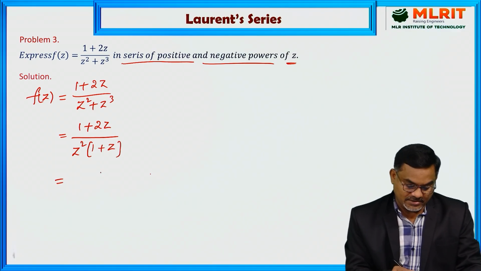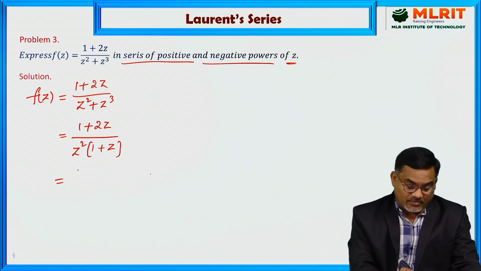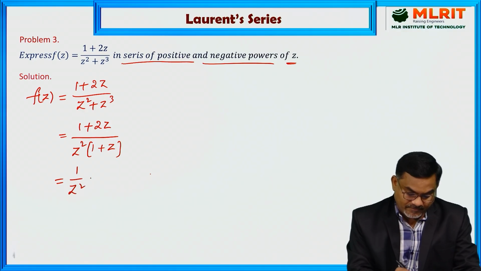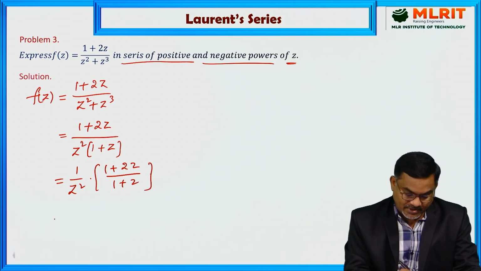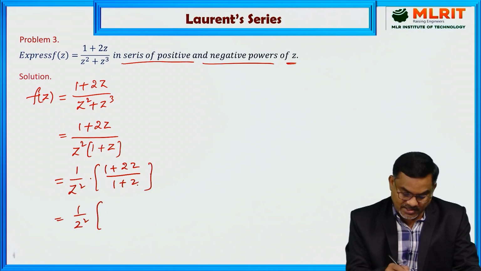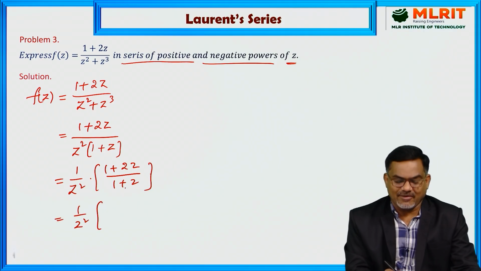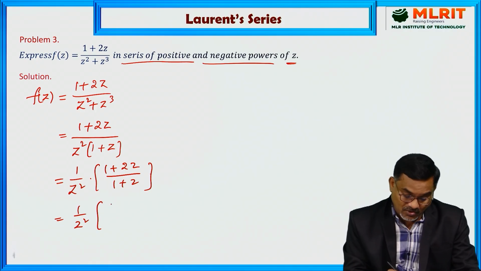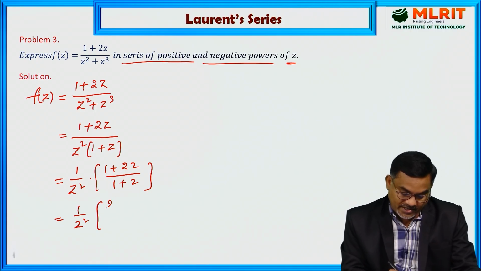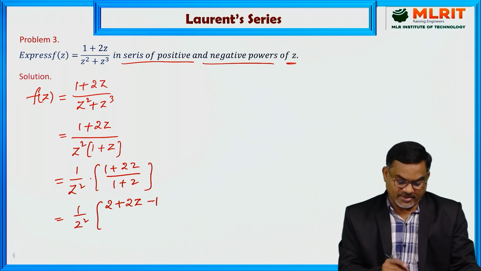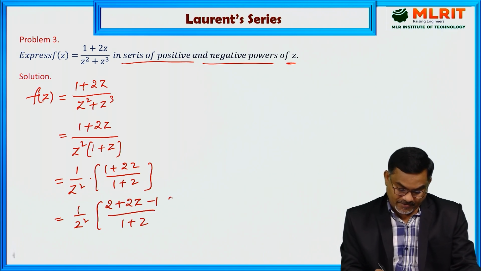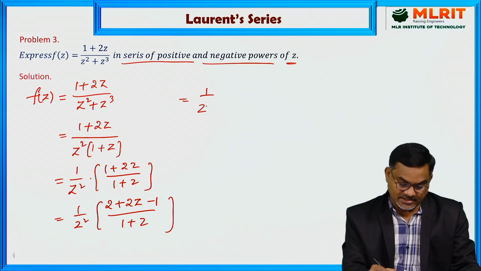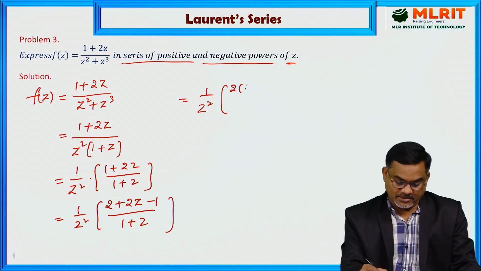So this is now 1 by z square into 1 plus 2z by 1 plus z. Now I try to get the same term in the numerator which we have in the denominator, 1 plus z. So I will write it as 2 plus 2z minus 1. Then 2 minus 1 is 1, by 1 plus z. So that's equal to 1 by z square into 2 common, 1 plus z, minus 1 by 1 plus z.